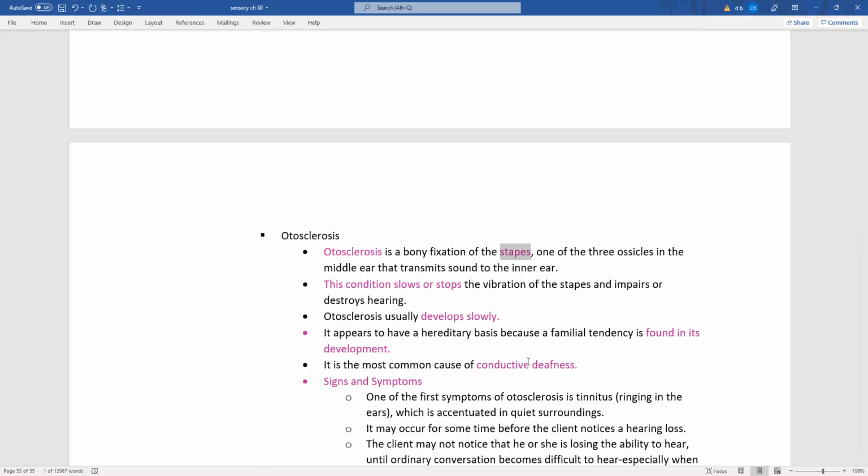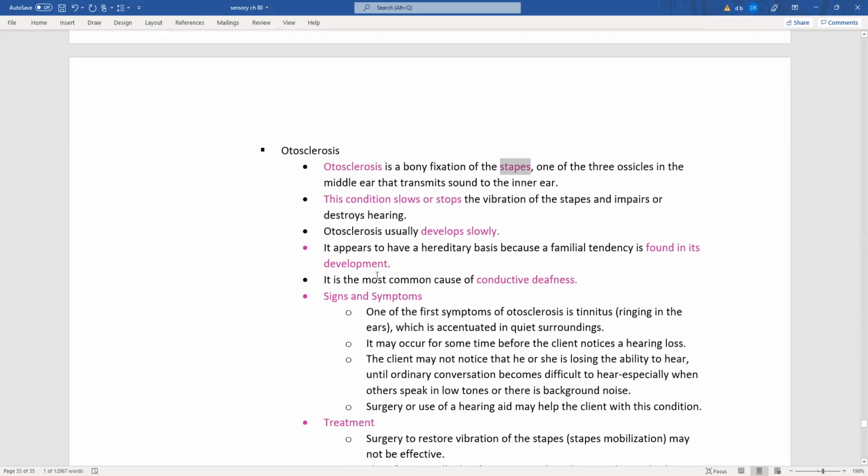Otosclerosis usually develops slowly. It appears to have a hereditary basis because a familial tendency is found in its development, right? It is the most common cause of conductive deafness.